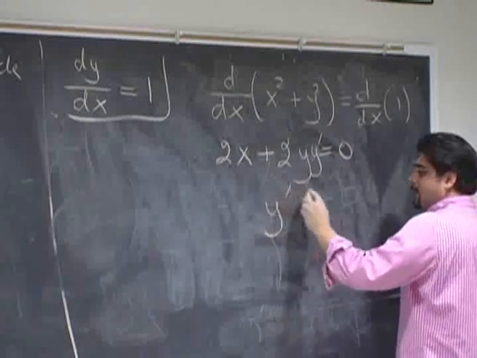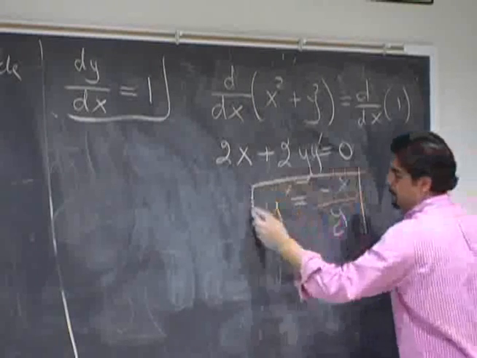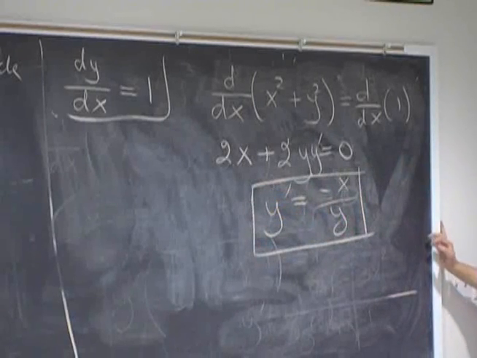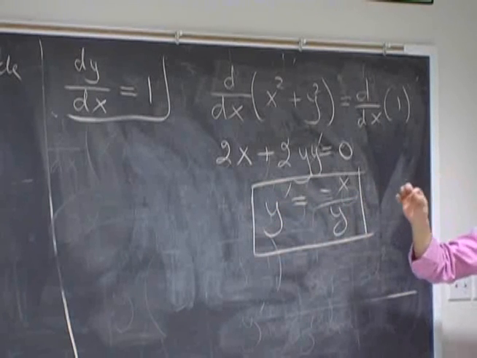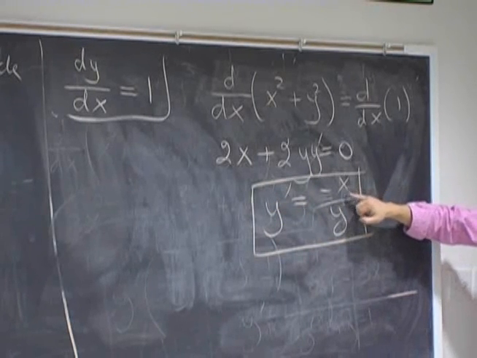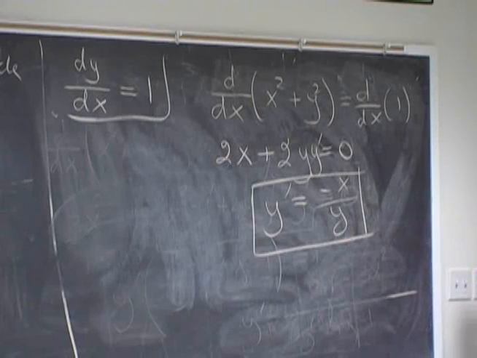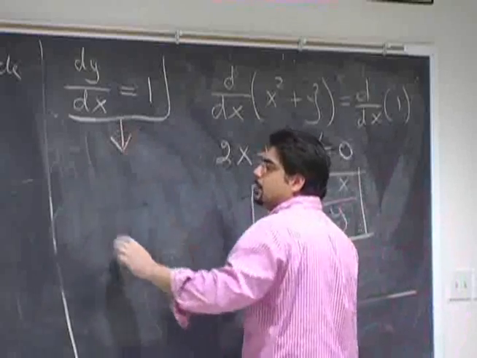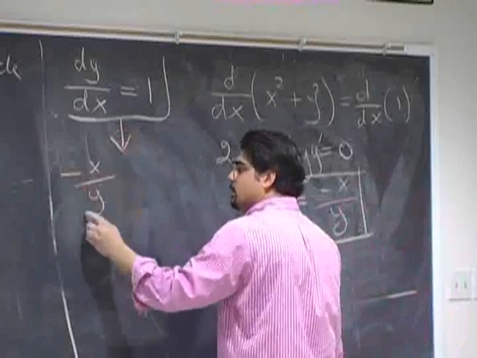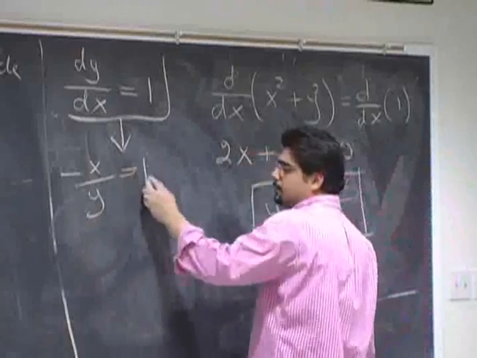So y prime is negative x over y. Okay? And we want that to equal 1. We want to know what x and y should be so that this quotient equals 1. Okay? So this translates to negative x over y, which is the expression for y prime, equal 1.